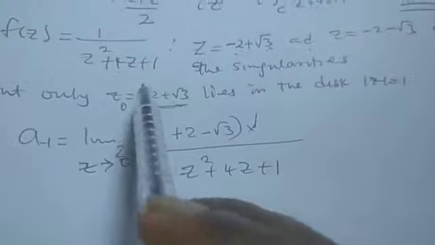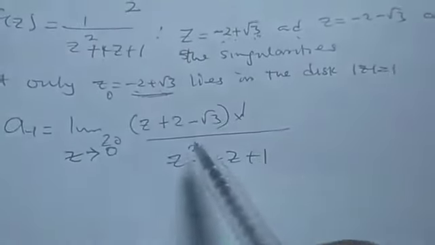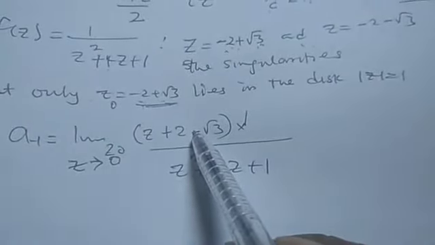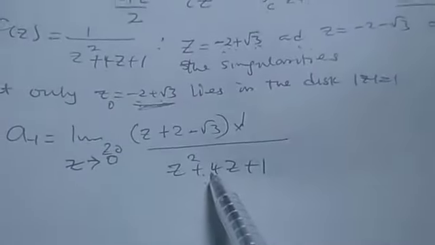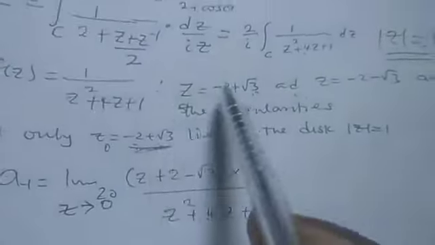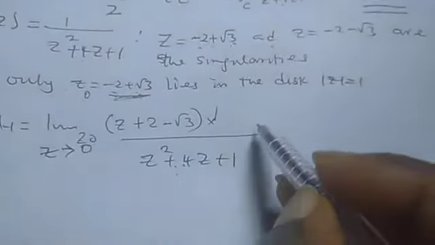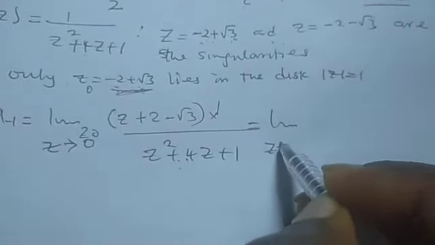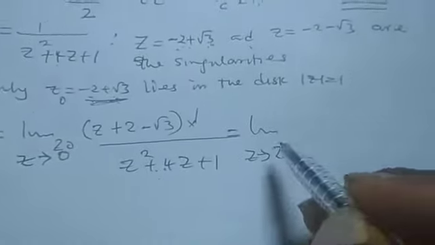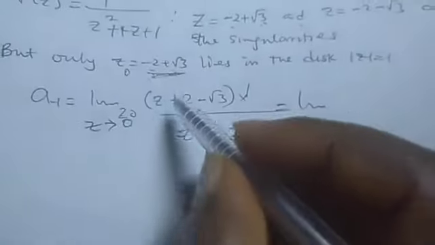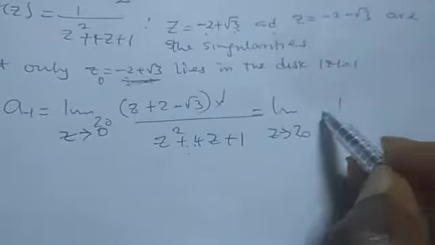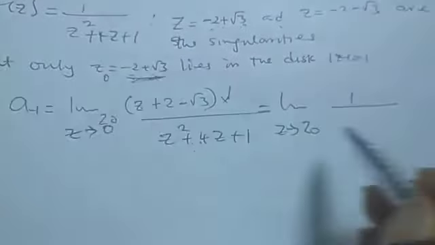Now we want to find the limit. When we put z naught here, this will be 0. When we put this value here, it will be 0 too, because we got this value from this quadratic equation. So what we do is we quickly use the limit by L'Hospital's rule. How do we do that? We differentiate the numerator z minus z naught, that is 1. This one is 0 when we differentiate.